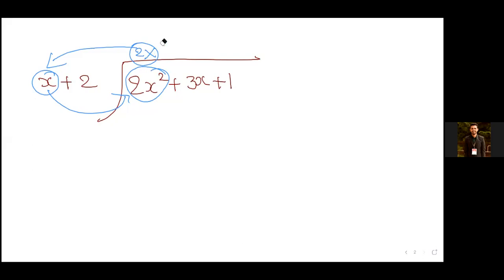We'll choose 2x, that is 2x multiplied by x, that gives us 2x square, as well as we need to multiply with this and write it over here. That is, we get 4x, right?